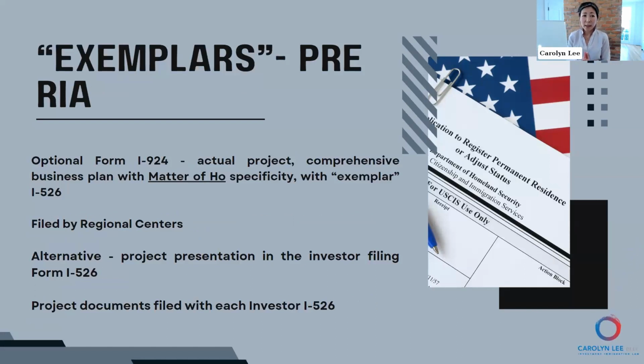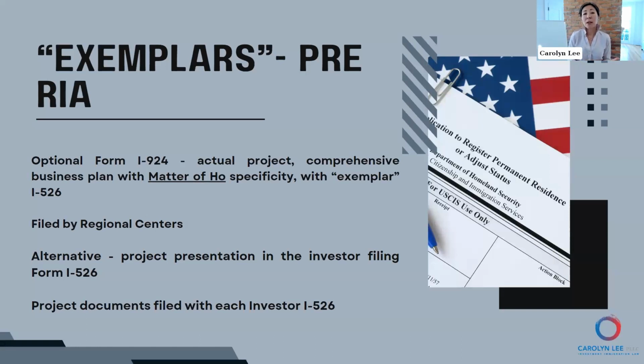So, project. Pre-RIA, the project was documented sometimes in the precursor to the I-956F, which was the I-924. However, the I-924 was optional.